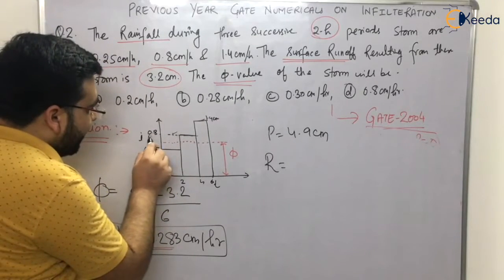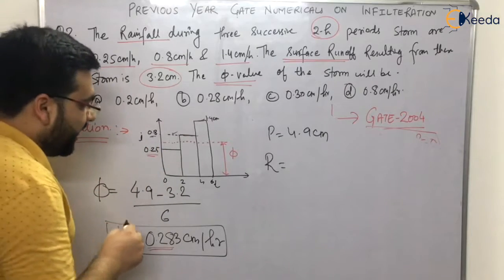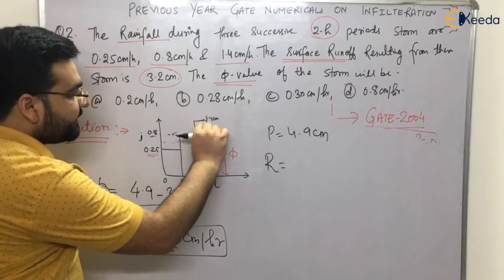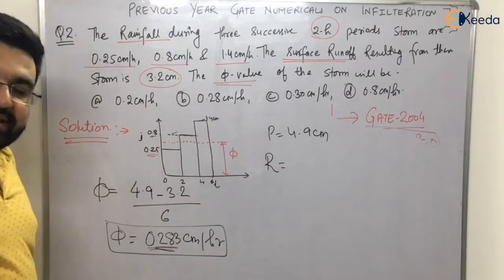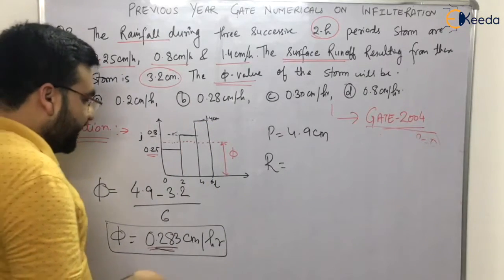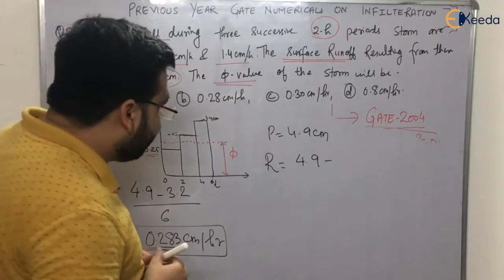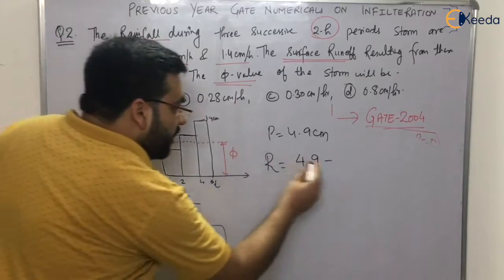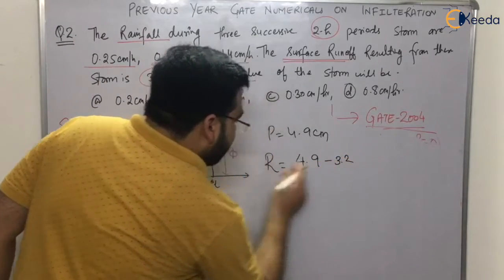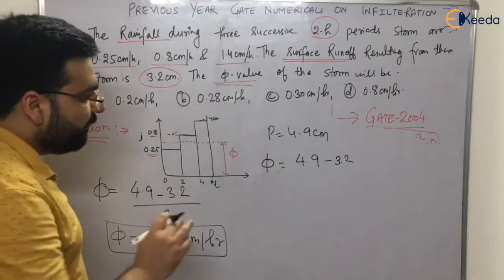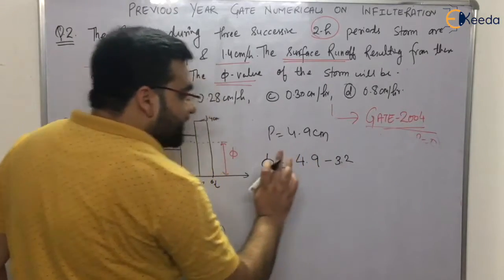Now how much will be the runoff? Now this is 0.8 centimeter per hour, and this is 0.283. So if I subtract this value, I will get the answer. Simple, right? So it will be equal to 4.9 minus, now 3.2 is the runoff. This is not R, this is phi. The actual phi index will be equal to P minus runoff, divided by time.